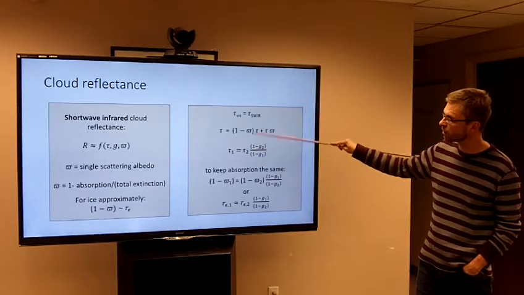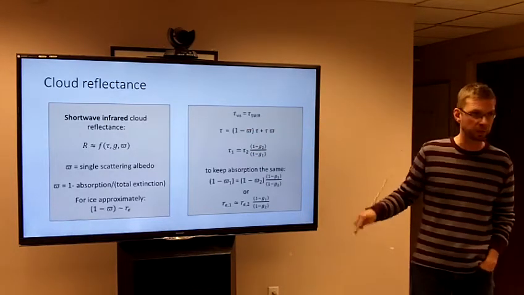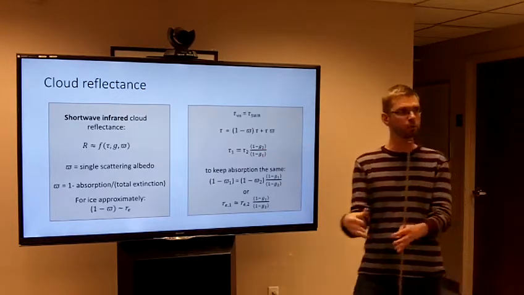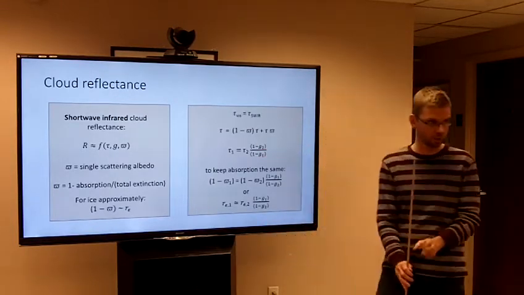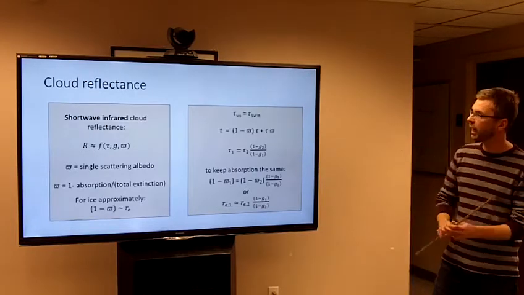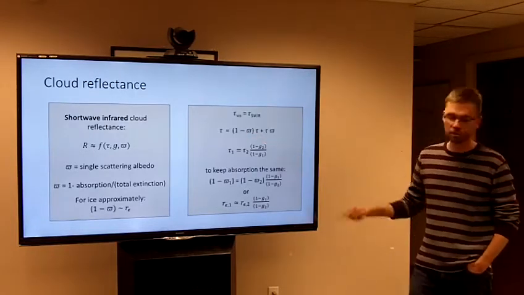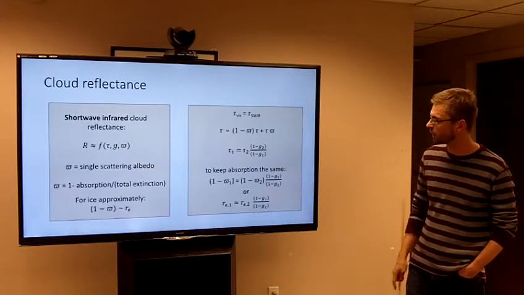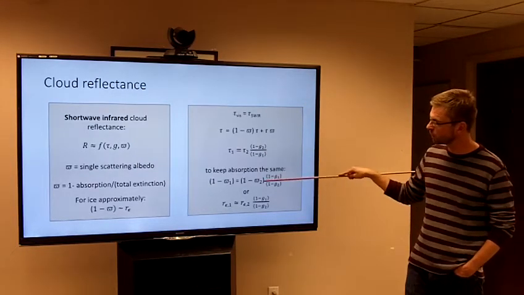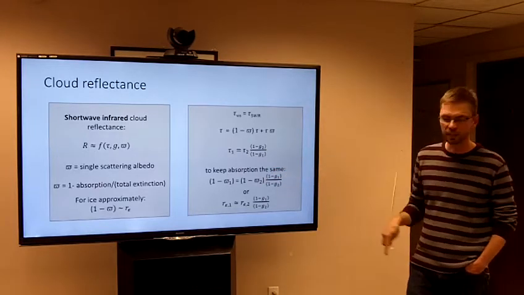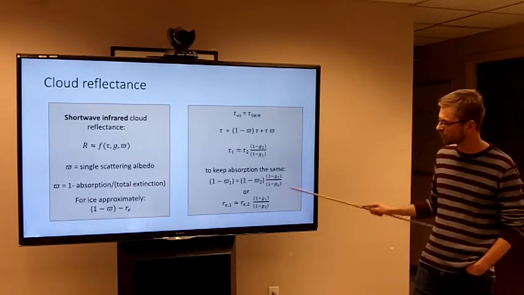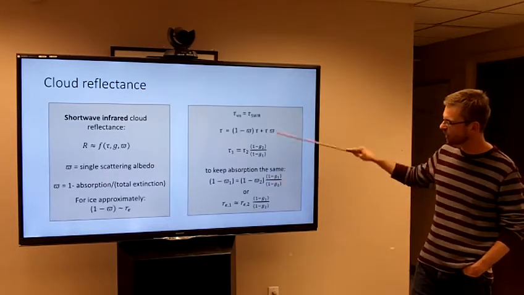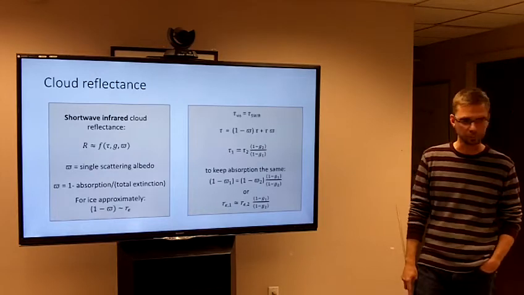However, if we scale the optical thickness in the shortwave infrared using this equation, then we are scaling the absorption part of the optical thickness, and that is not what we want to do. We want to scale the scattering part. So actually, we should correct that scaling of the absorption part using basically the inverse of this scaling.